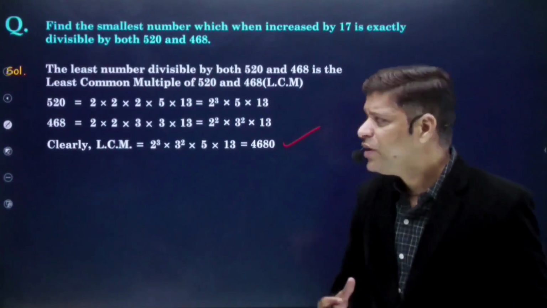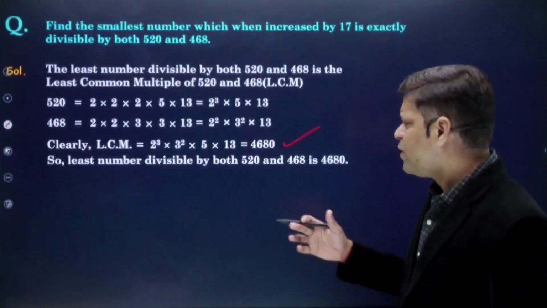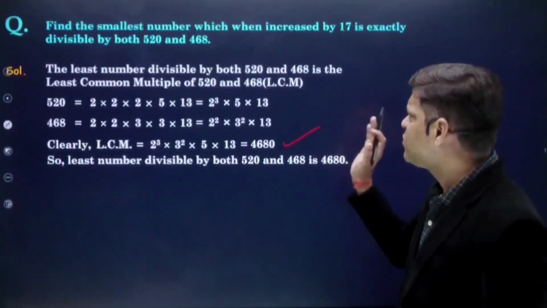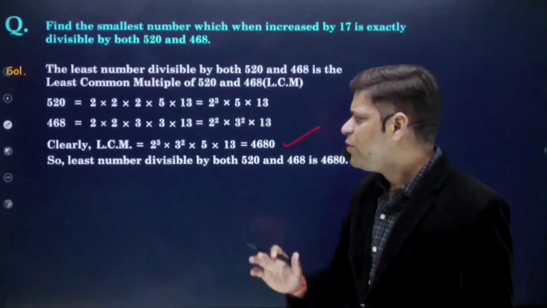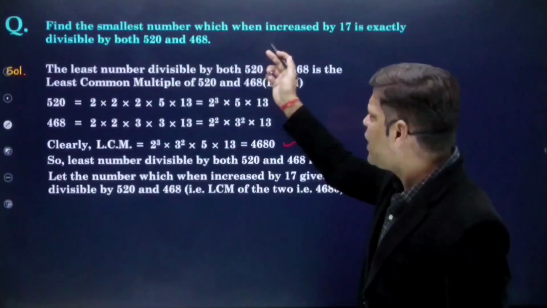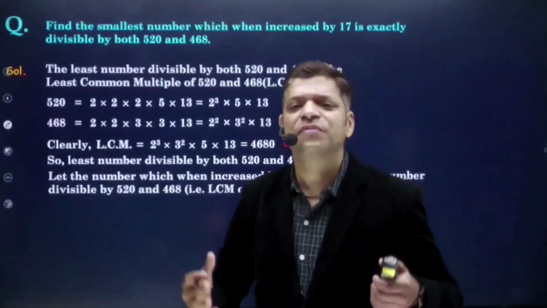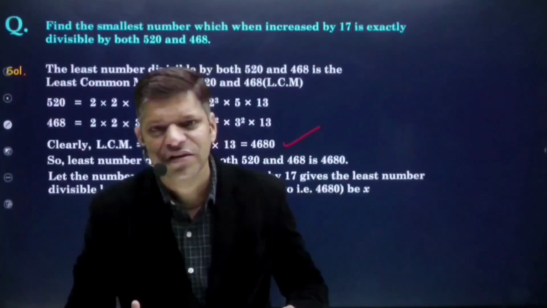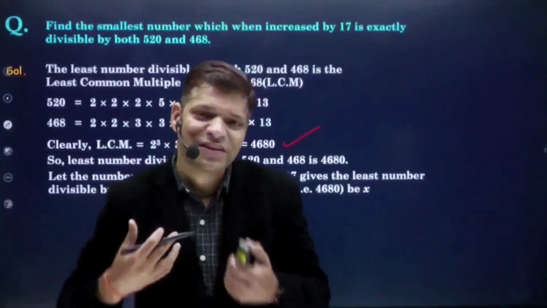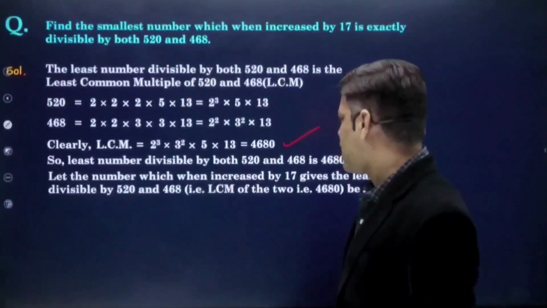Now find the smallest number. The least number divisible by both of them is 4680. Now we have to find the smallest number which when increased by 17 is exactly divisible by both. We assume this smallest number is x, so x plus 17 is exactly divisible by both of them.